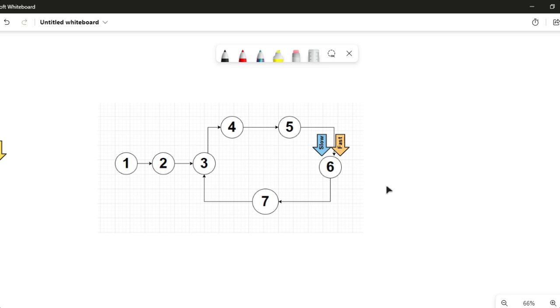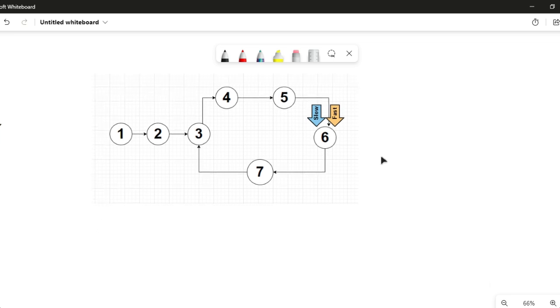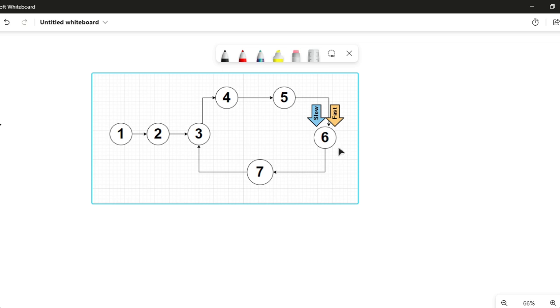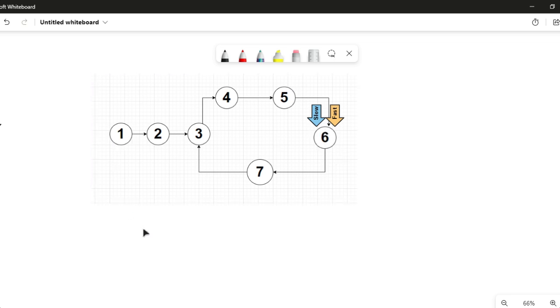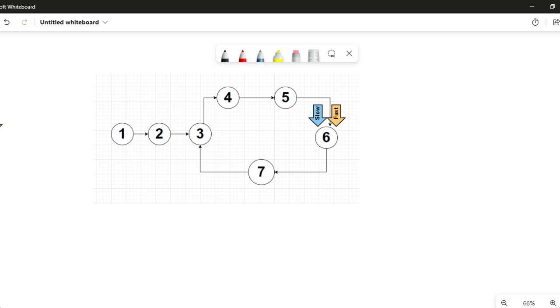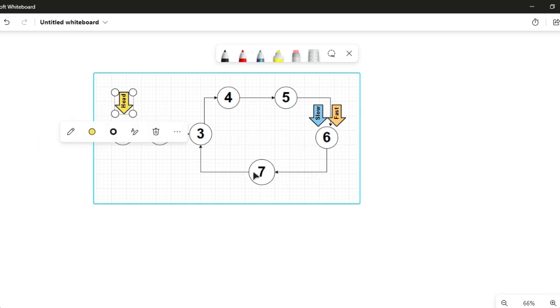I will explain the intuition behind this shortly, but for now let us just complete the algorithm. As soon as they meet at a point, we know another thing. We know that the distance from 6, 7 and 3 and the distance from 1, 2 and 3 will always be equal. I will explain the intuition behind this, but for now let us complete the algorithm.